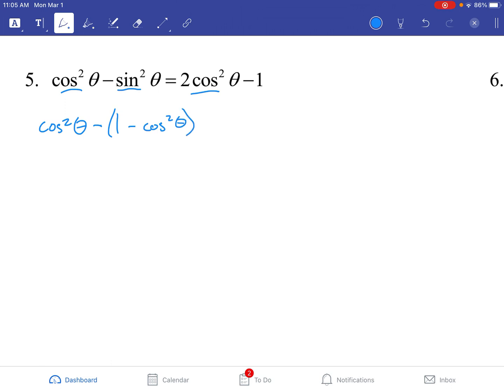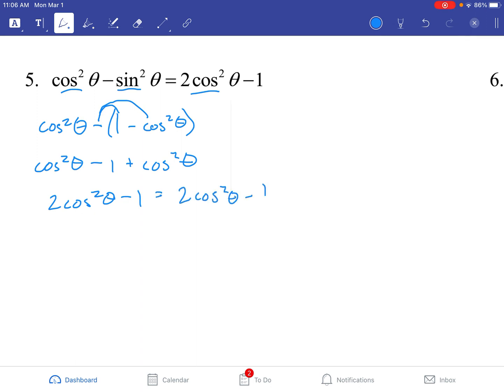Okay, notice I put it in parentheses because that negative sign is going to cause some things to happen. If I distribute that negative sign to both terms, I get cosine squared minus 1 plus cosine squared. The two cosines get added together to give you 2 cosine squared minus 1, which equals 2 cosine squared minus 1.